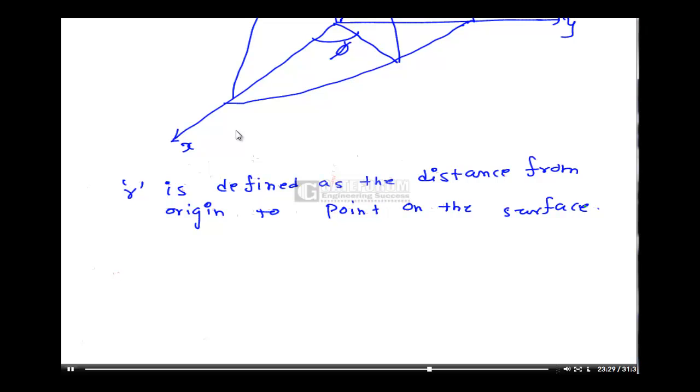The position vector is measured from the origin, so this is the angle between the z-axis and r.